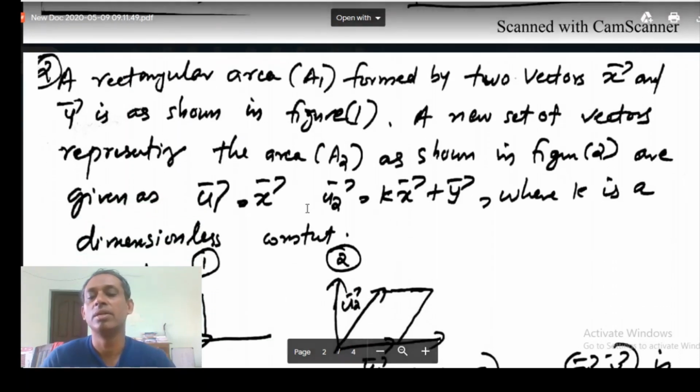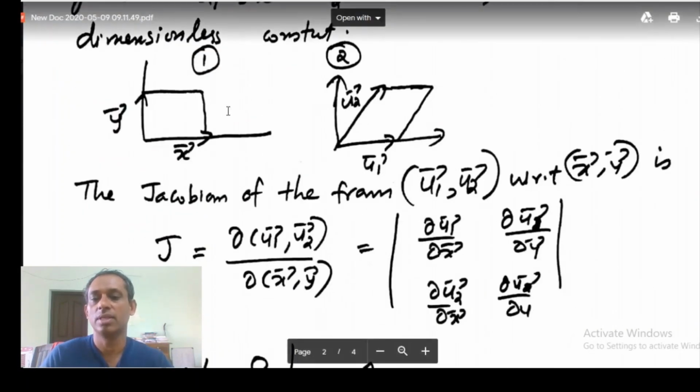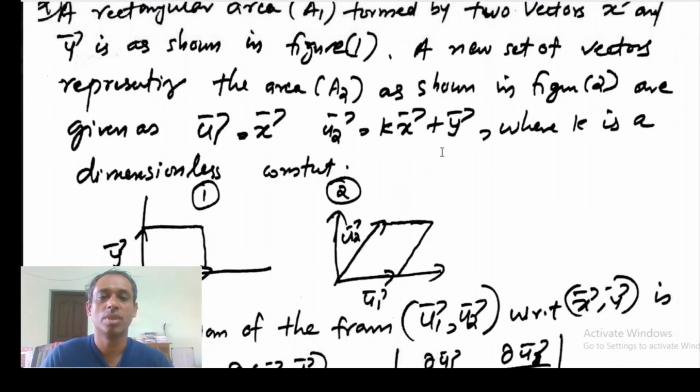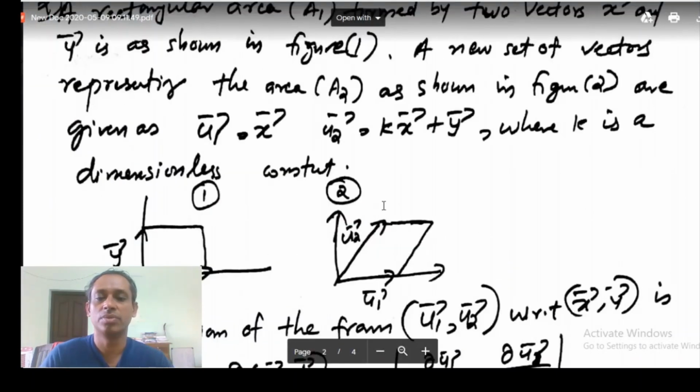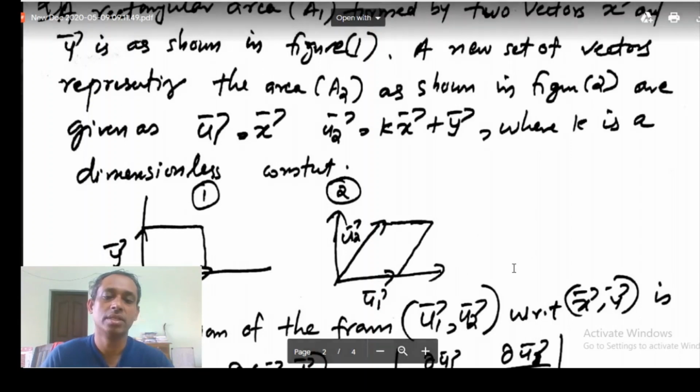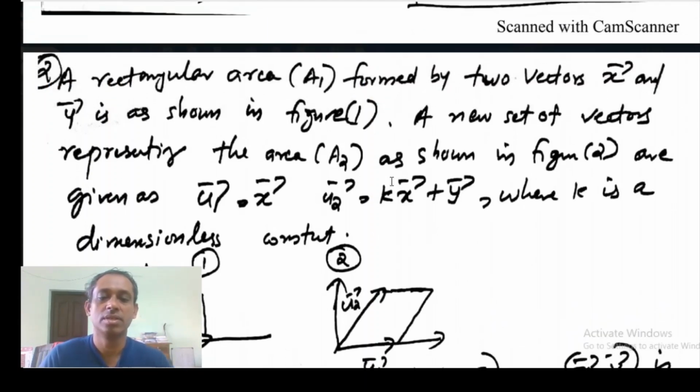A similar question is here. A rectangular area is formed by two vectors x and y as shown in figure 1. A new set of vectors representing the area A2 is shown in figure 2 and given as u1 equals x itself, but u2 equals kx plus y, where k is a dimensionless constant.